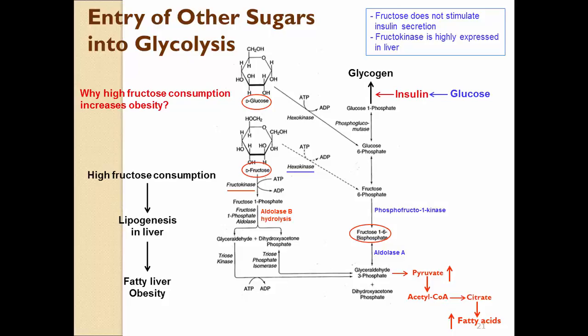So you can reduce the production of pyruvate and acetyl-CoA when insulin level is high. But when we consume fructose, it will not stimulate insulin release, so this pathway is blocked. So even more goes to this pathway for fructose metabolism.